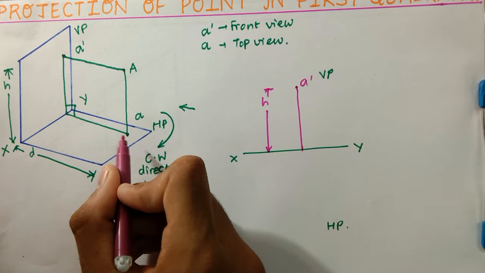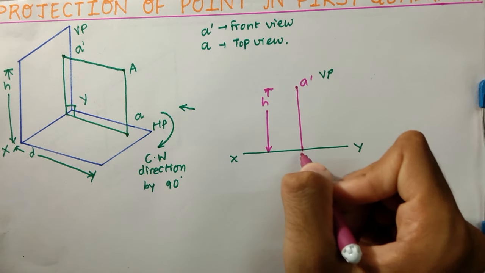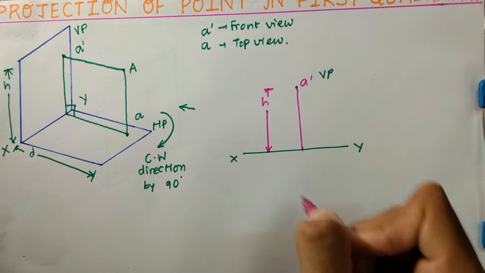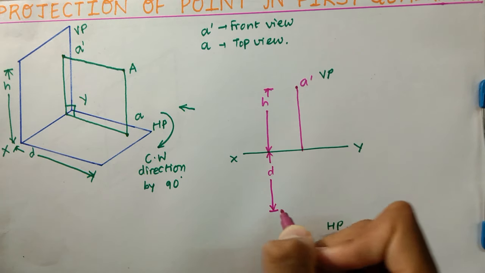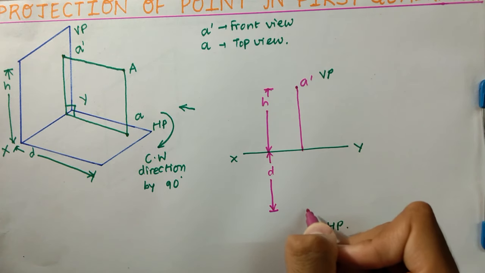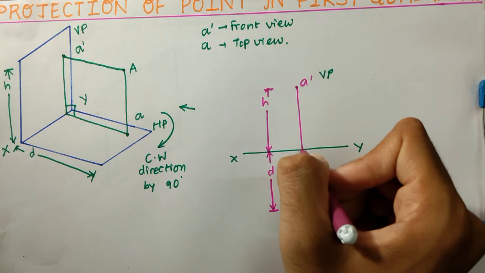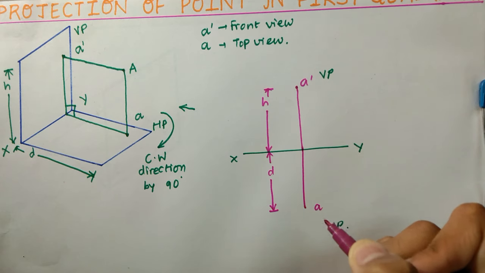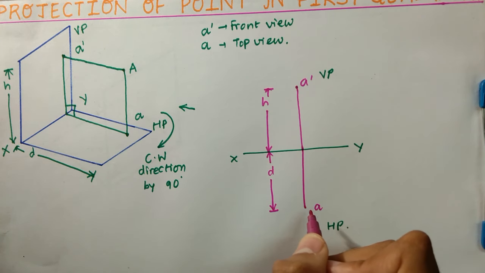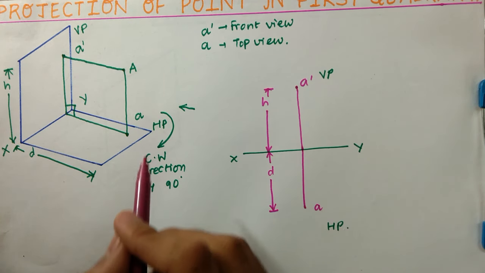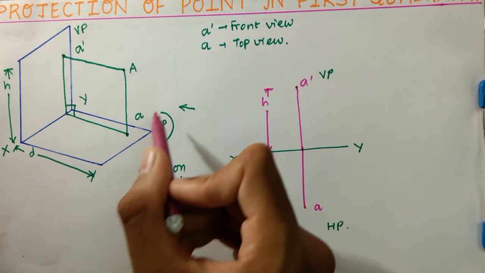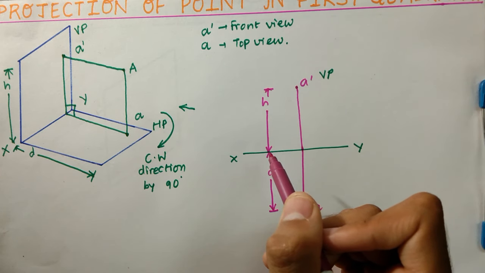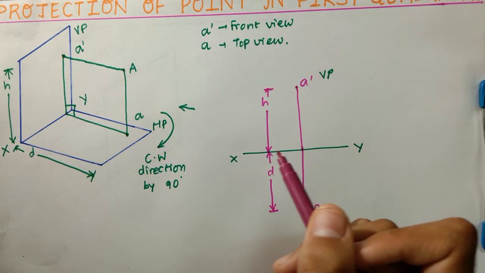Now we have to locate this point A, which lies in the horizontal plane. Let us see that it lies at a distance of d. Point A. One of the most important steps is to rotate this horizontal plane in the clockwise direction by 90 degrees.